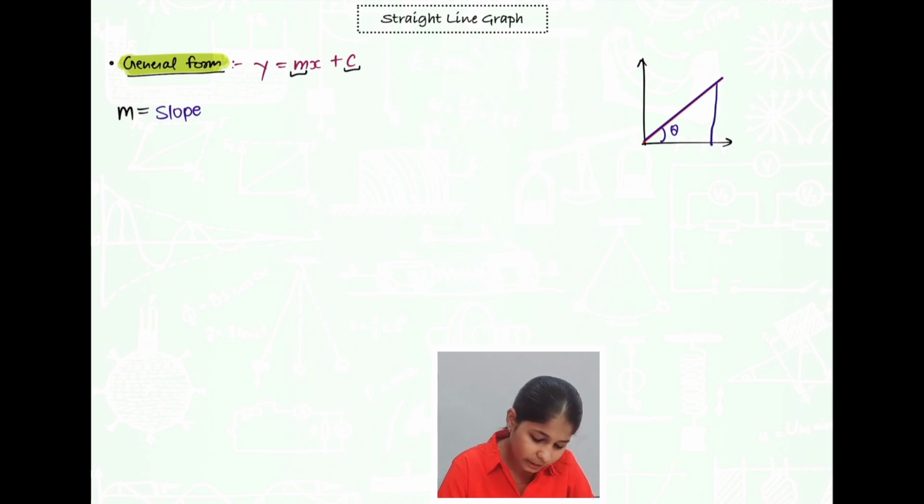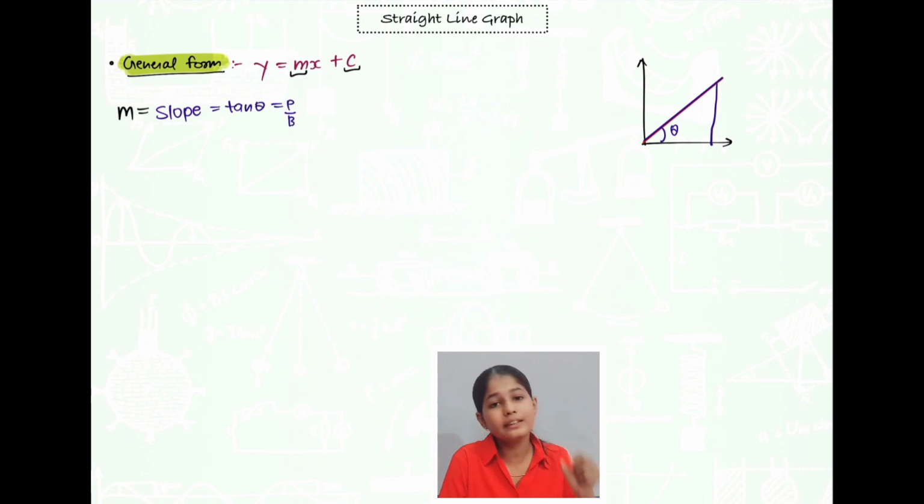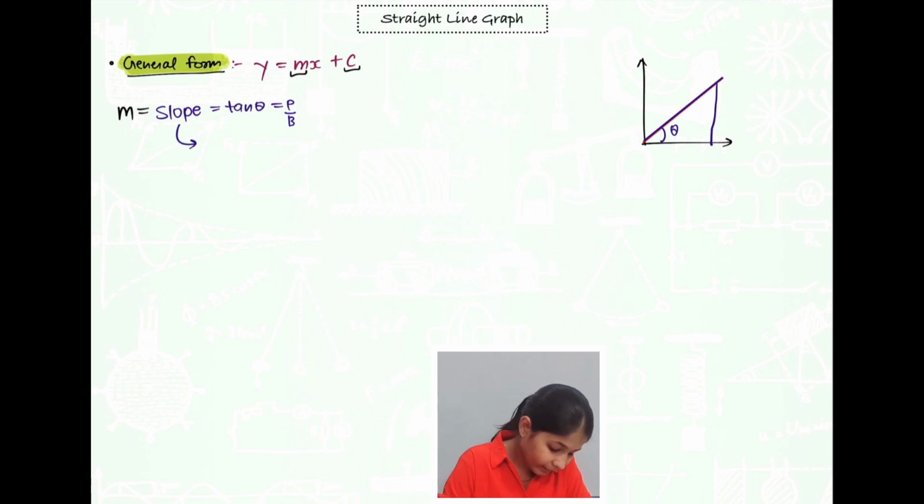It will be P upon B, that is equal to tan theta, where P is perpendicular and B is base. So from this I can conclude that slope is directly proportional to tan theta. This is very important because you will also need this in your questions.